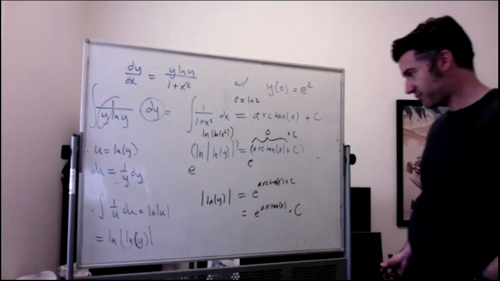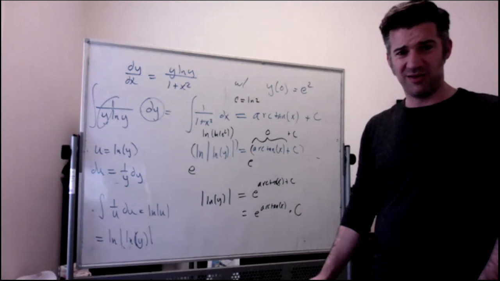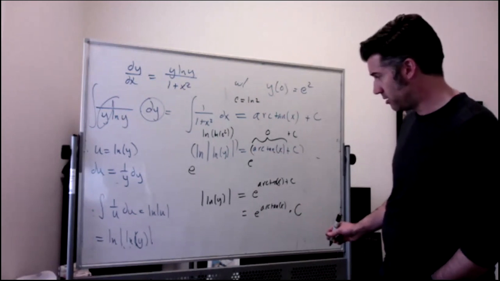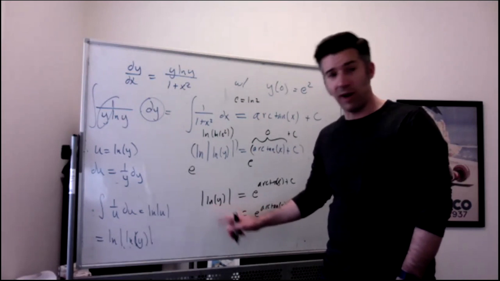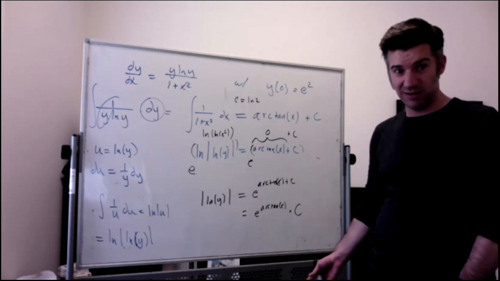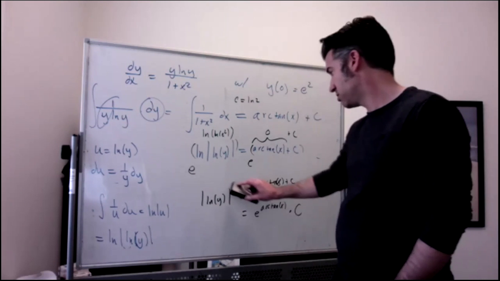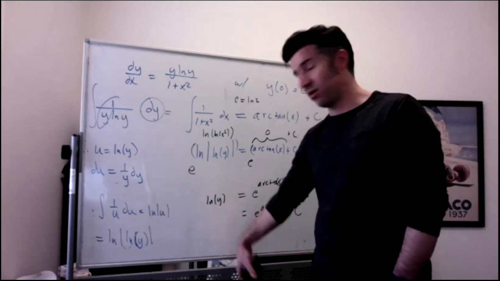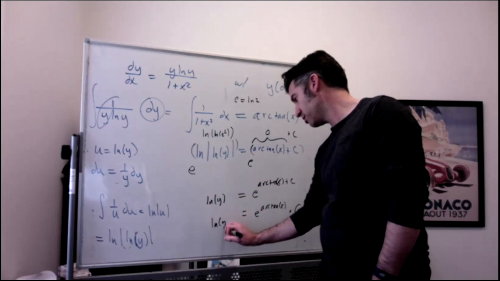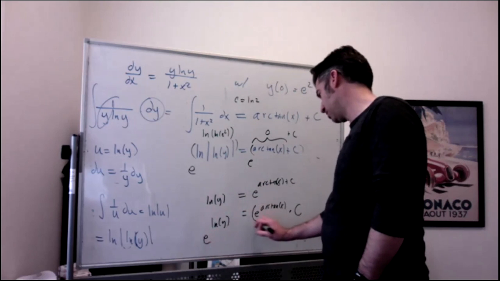Okay. And now we're going to do it again. I should point out that we can drop the absolute values at this point because e to the anything is positive. So we can get rid of those. So then I'm going to e both sides again. Well, that seems weird.